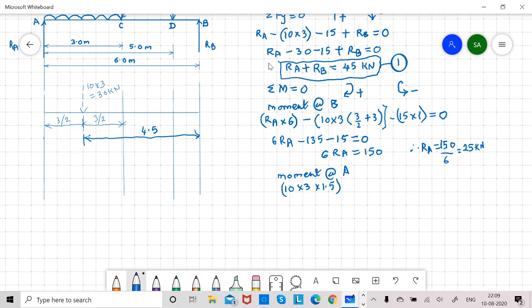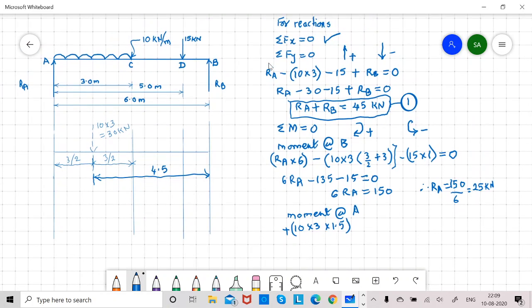This is clockwise moment. So plus, I will repeat, we are taking moment of the UDL about A. 10 into 3 is the total UDL which is acting at the center of UDL length, that is 3 by 2 from A, that is 1.5.